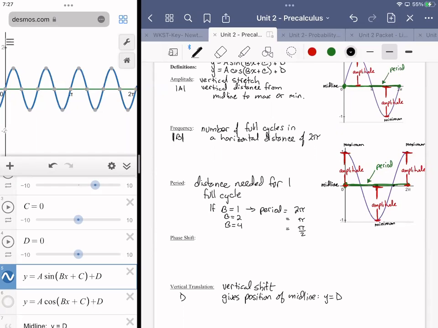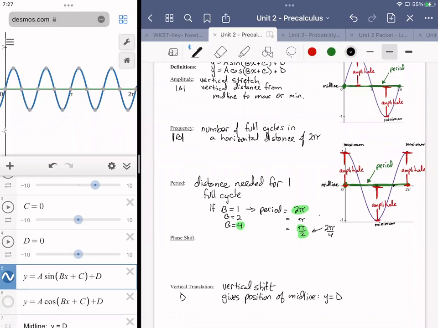The relationship here is we're taking the initial period of 2 pi and dividing it by the number of full cycles that exist over that interval. Because if I take the 2 pi and divide it by the 4, I get pi over 2. That's 2 pi divided by 4.